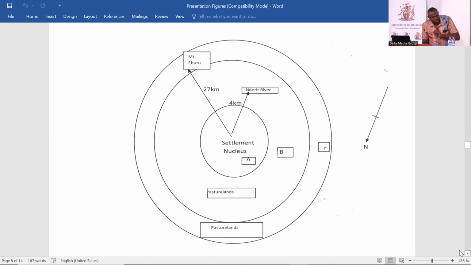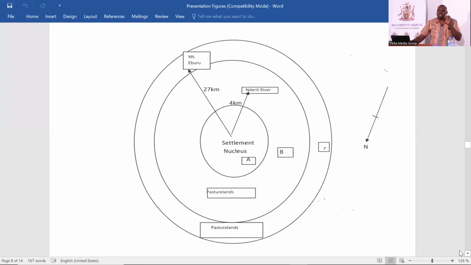Then at the macro level, this is now study of archaeological features within a landscape, the landscape level. And that landscape can extend to the whole of the Central Rift. How does a site like Iraq's Hill relate to Mount Eburu, where obsidian as a source of raw material for the manufacture of tools was sourced?